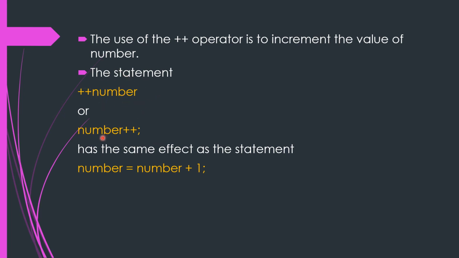Also, we can write this statement as number plus plus. Both statements will have the same effect as the statement number is equal to number plus 1. Means both of these statements are going to increment the value of the variable number by 1. The effect will be the same, but the process with which they increment the value will be different, which we will be discussing further.